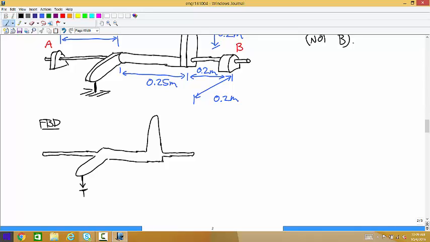And then if we keep going around the boundary, we get over to the bearing B. That's a pin joint without thrust. So let's think about what that applies. We know that this pin joint keeps this point on the rod from translating in a plane like this, right? It doesn't keep it from translating along the axis. That's what thrust would do.